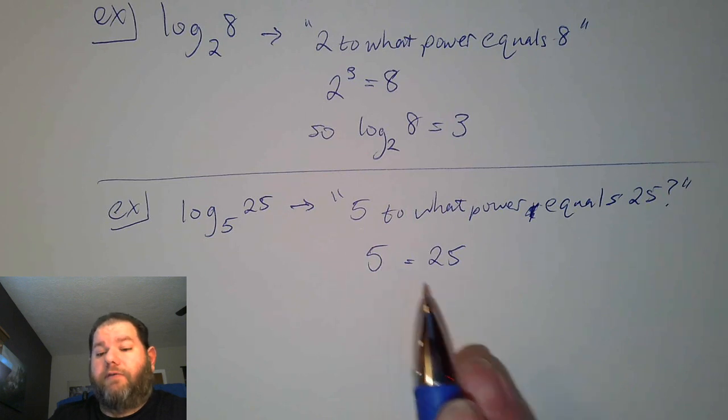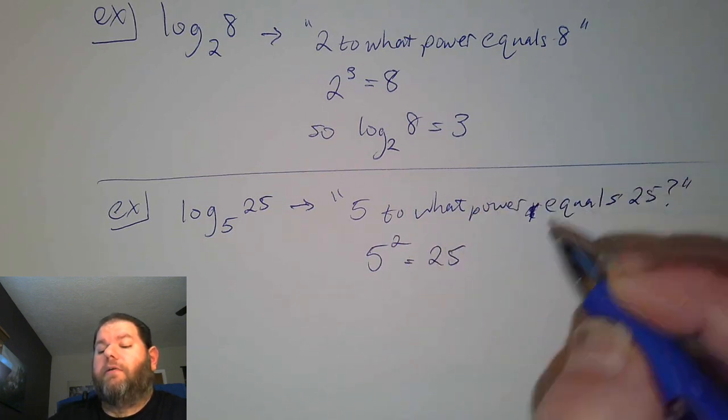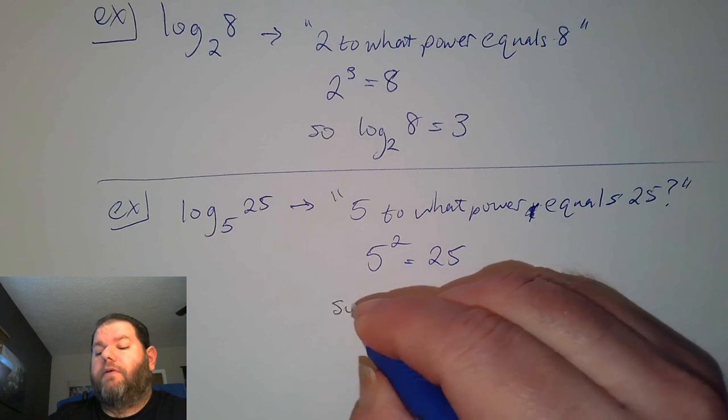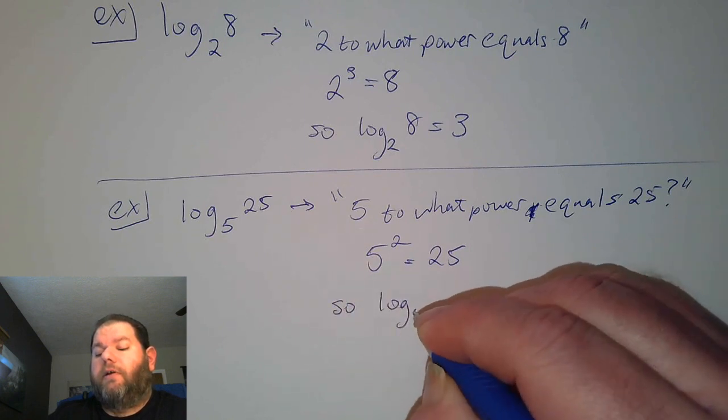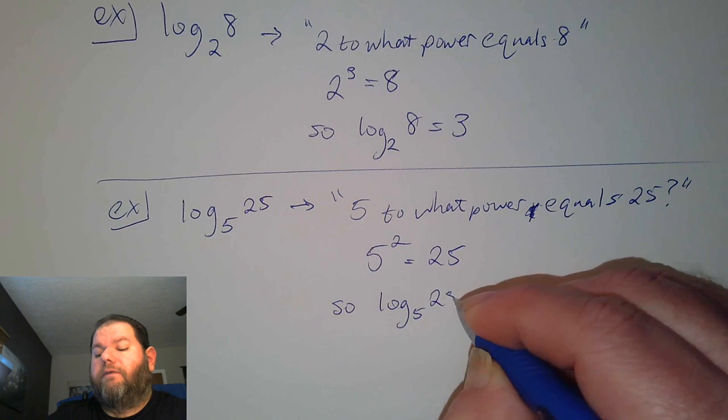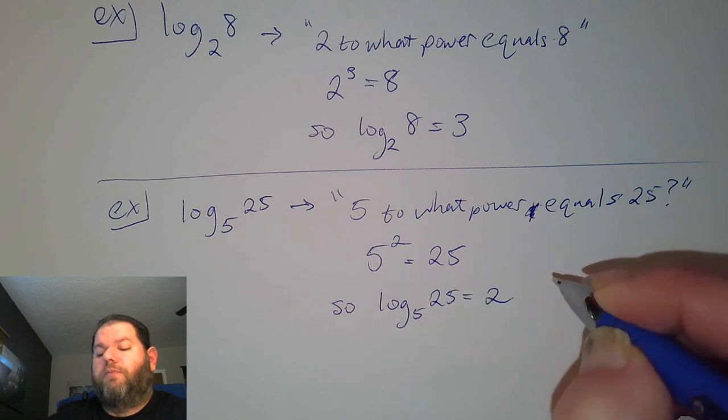Well, we know that's 5 squared equals 25. So that means log base 5 of 25 is 2.